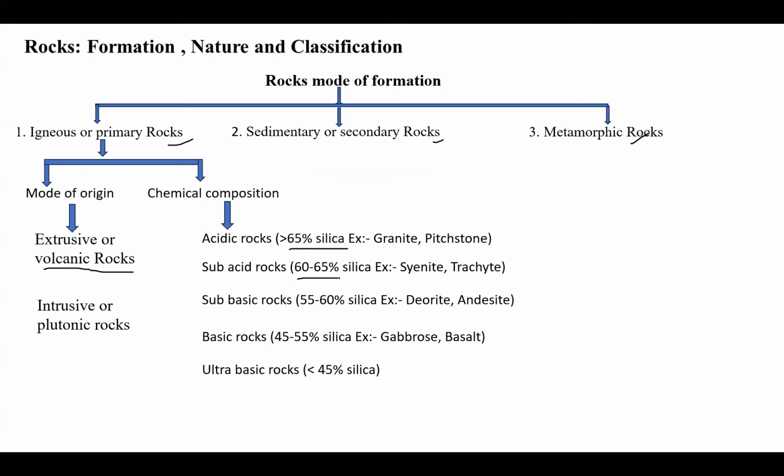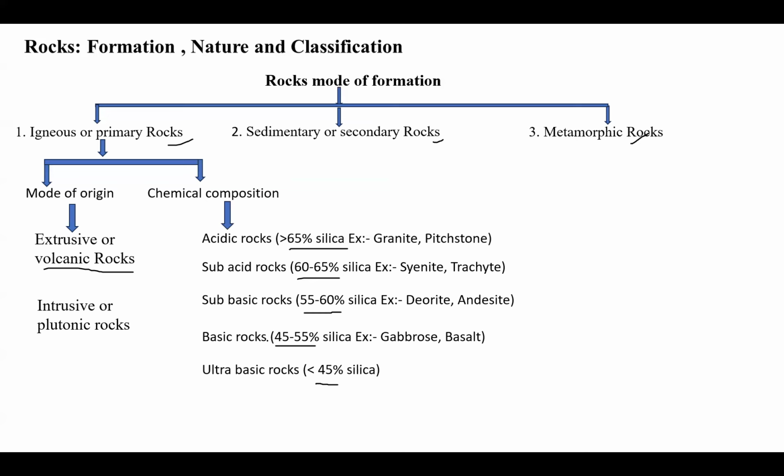Subacid rocks have 60 to 65%. Subbasic rocks have 50 to 60%. Basic rocks have 45 to 55% silica, and ultrabasic rocks have less than 45% silica. These are the examples for the respective rocks.